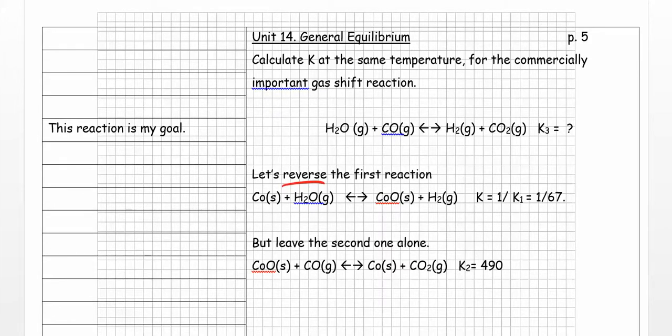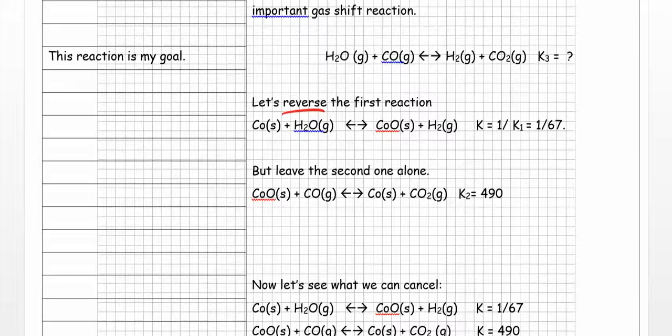Well, when I reverse that reaction, its K value is its reciprocal, right? So the new K value is 1 over K1, or 1 over 67, because it was originally 67. But I'll leave the second one alone, okay? So the K2 for this one was originally 490. Guess what? It remains 490, all right? So leave that one alone.